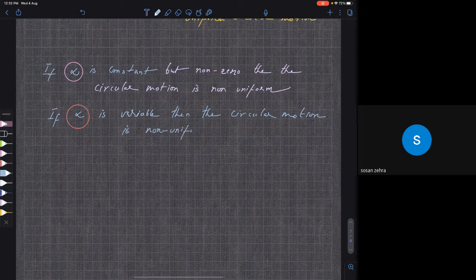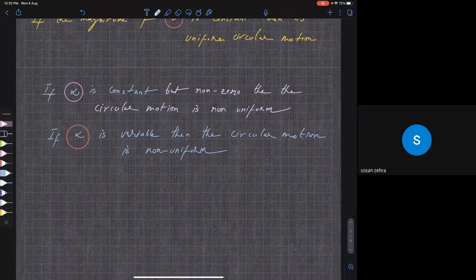Do you agree? If alpha is constant and non-zero, it is still non-uniform motion, and if alpha is variable, it is still non-uniform circular motion. Clear? So there are two subcategories of non-uniform circular motion. One is where alpha is constant but non-zero. Second is when alpha is variable. Clear?